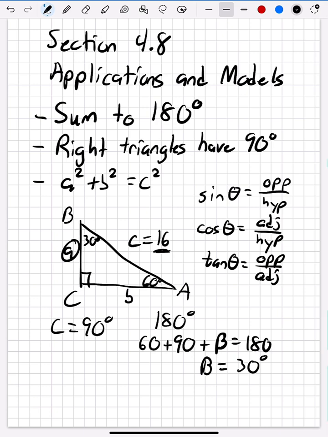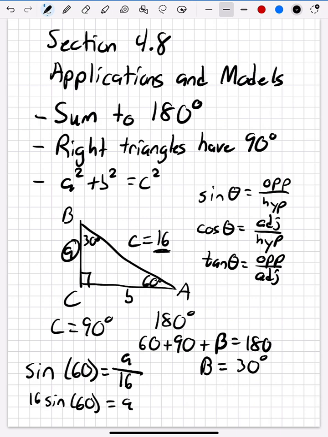So I would say that the sine of 60 is equal to opposite a over the hypotenuse of 16. Do some algebra, multiply over, so a equals 16 sine of 60. You want to make sure that your calculator is in degrees, not radians. So I plug that in the calculator and I get that a is about 13.86.